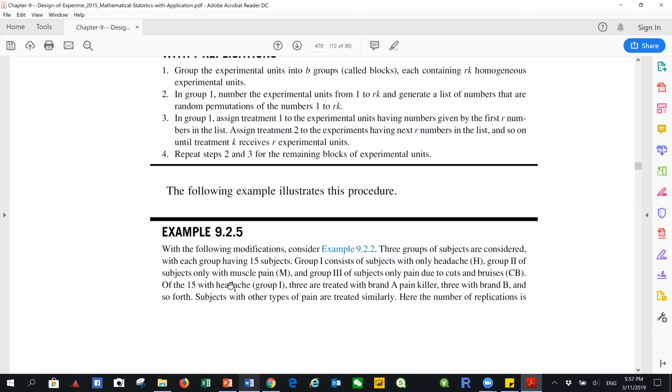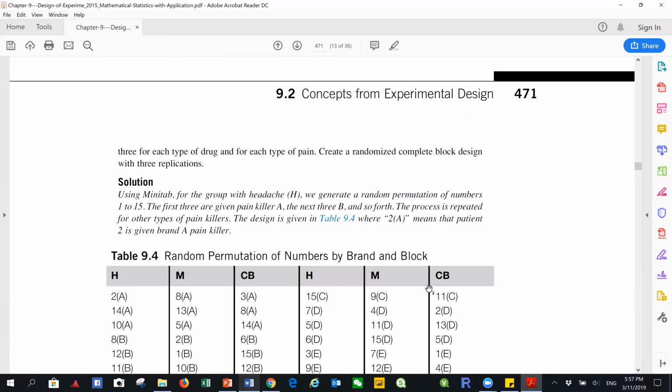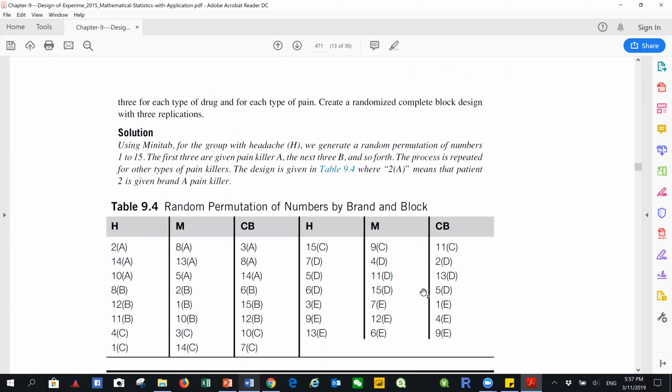Then they are treated with brand A and so forth, and here's the way you replicate it.